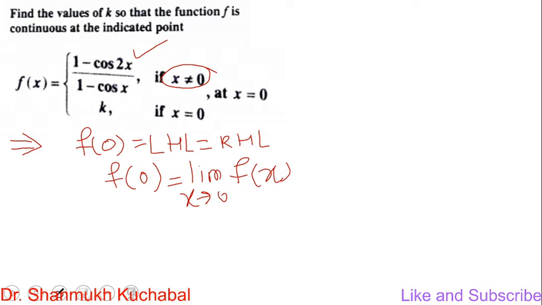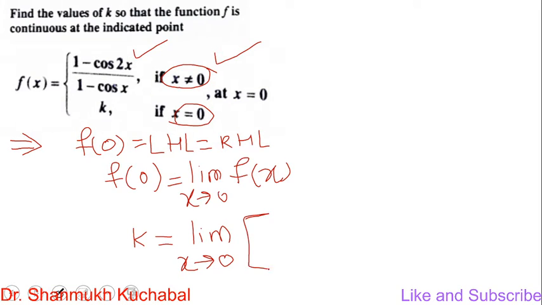So further f of 0 at x equal to 0, the value is k. So I take the LHS part as k, and then I write the limit as it is. Further x is tending to 0 as it is, and f of x, when it is not equal, the function is 1 minus cos 2x divided by 1 minus cos x.